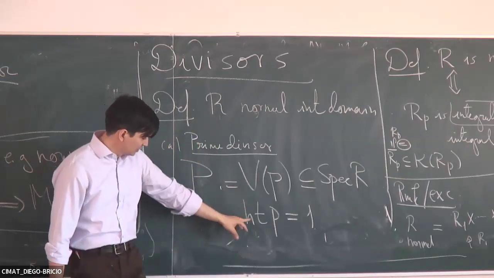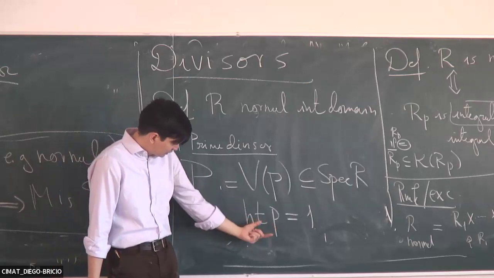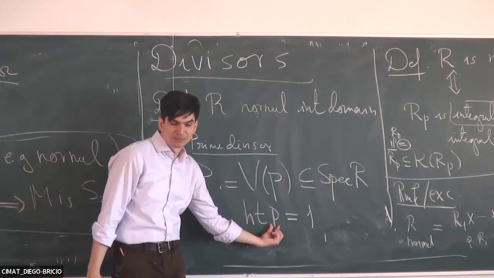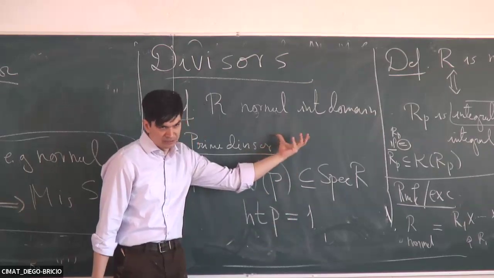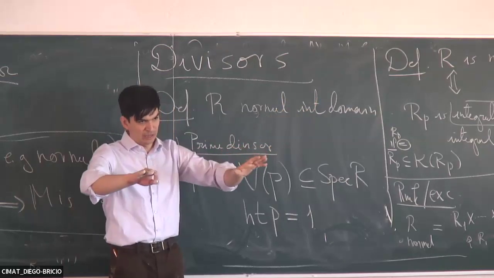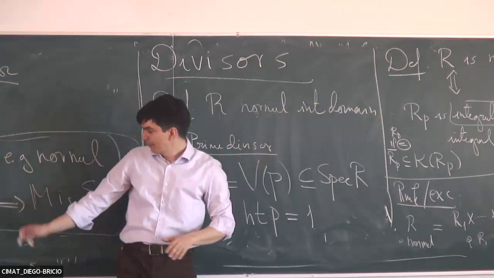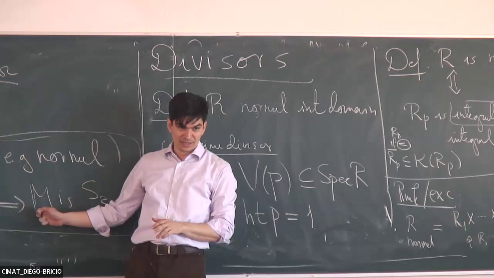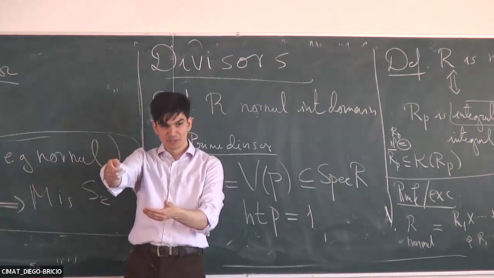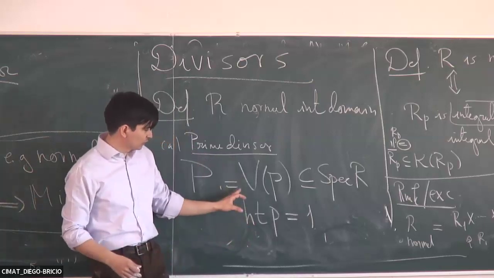Essentially a prime divisor is, by definition, the data of a prime ideal of height 1. Height 0 means the 0 ideal, unless you go to the next level. And on normal rings, essentially that's all you have to know. Okay? Because of this. And you want to keep track of what's happening in dimension 1. So that's going to be the formalism of divisors.